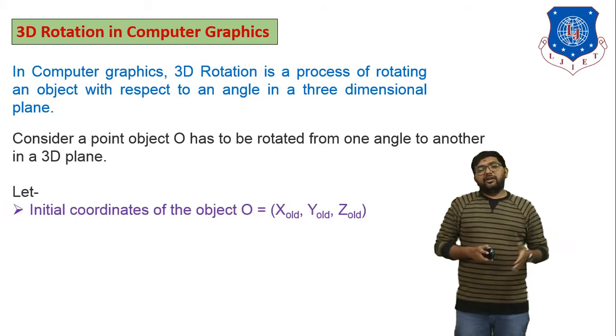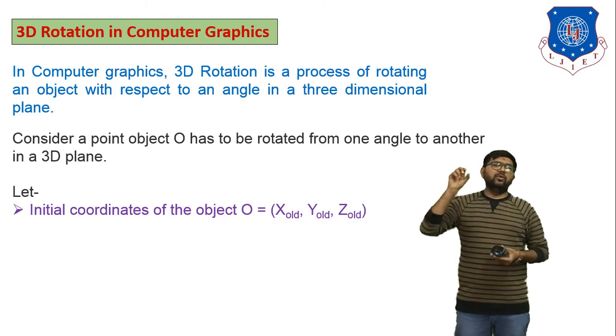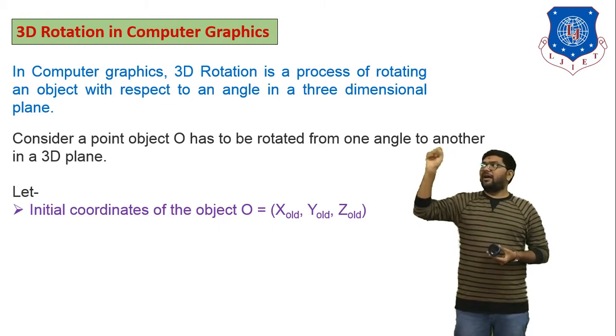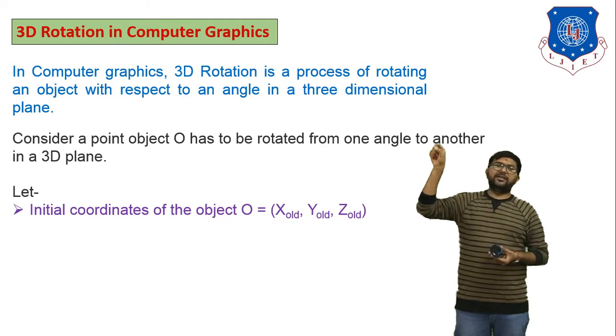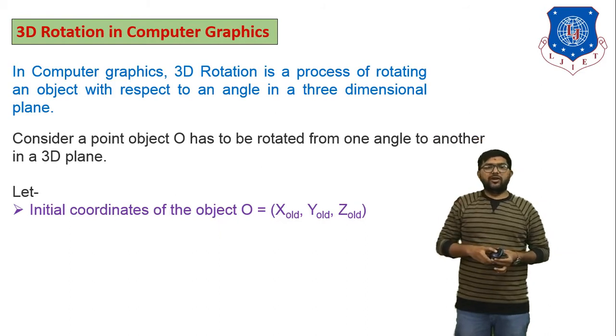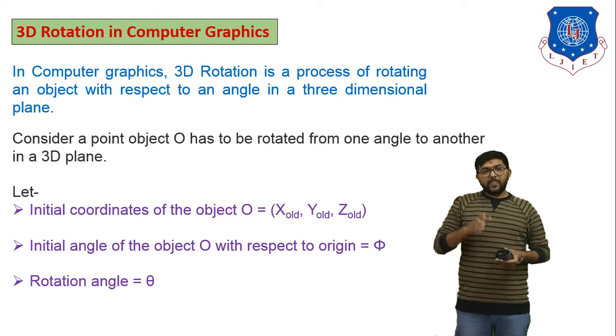Let's consider the initial coordinates of object O, that is x old, y old, and z old. We rotate the point in the anti-clockwise direction, and it moves to the new position, with coordinates x new, y new, and z new.